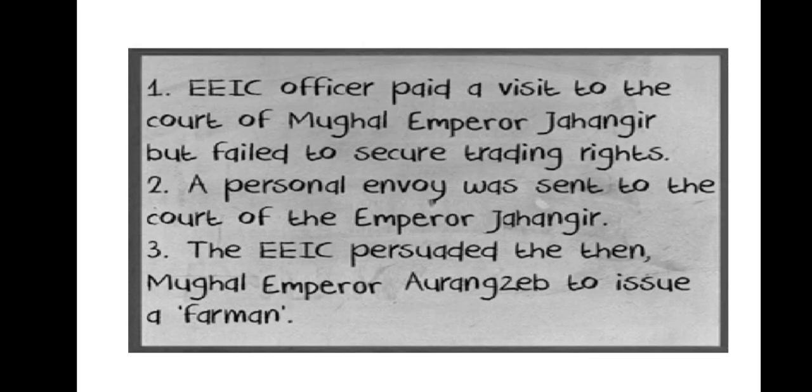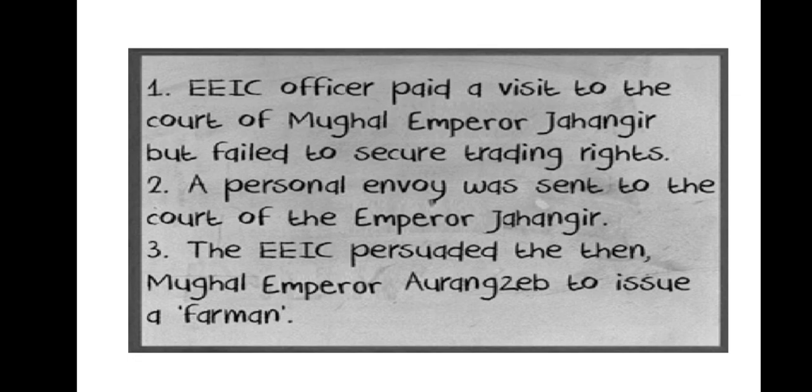So, what were the strategies being used by English East India Company to establish trade? EEIC officer paid a visit to the court of Mughal Emperor Jahangir but failed to secure trading rights. How did they do so? A personal envoy was sent to the court of the Emperor Jahangir.